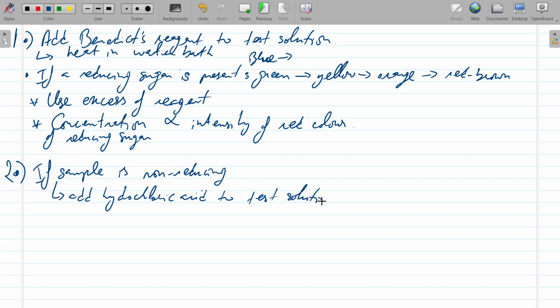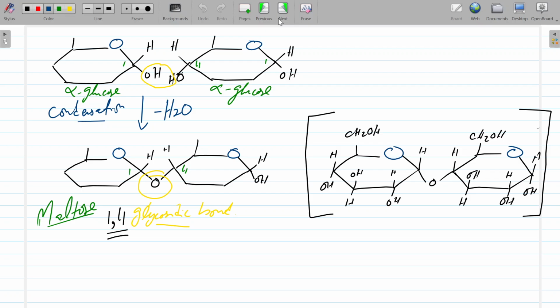And what this will do is it will cause the hydrolysis of glycosidic bonds. All right, so just going back, these bonds are formed to make a disaccharide or even a polysaccharide.